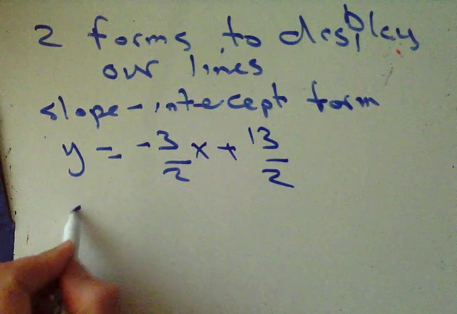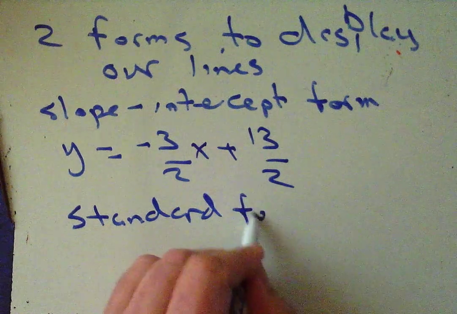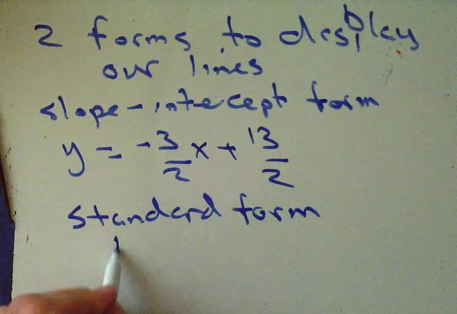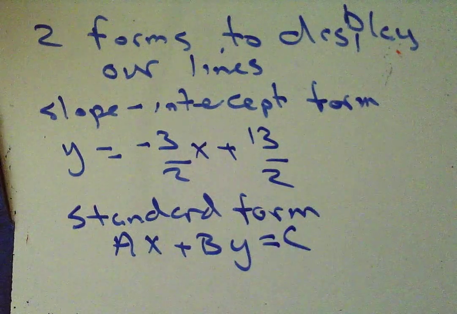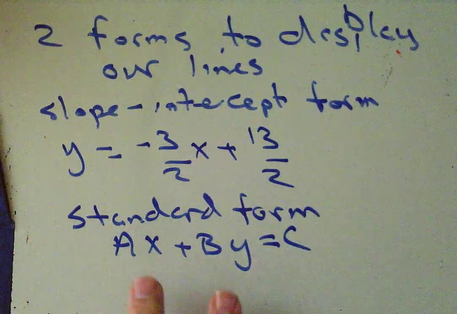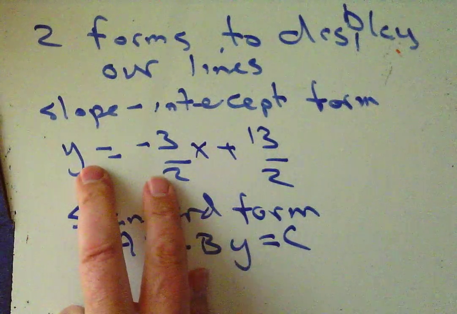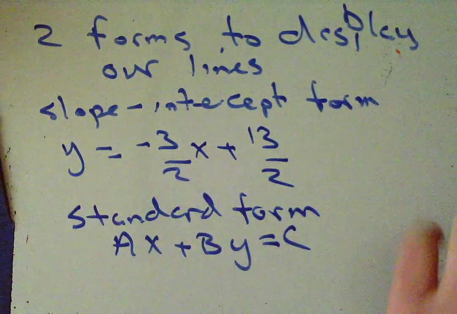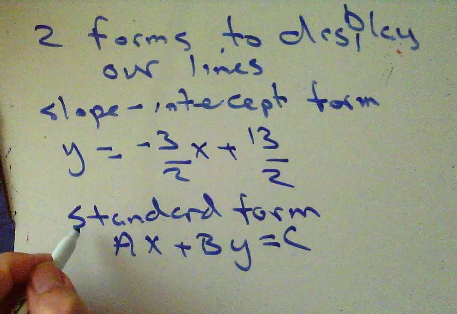But the other one is called standard form. And standard form looks like this: ax plus by equals c. Notice in standard form, the x and y's are on the same side. That's not true in slope-intercept form. So I want to take my answer and write it in standard form.